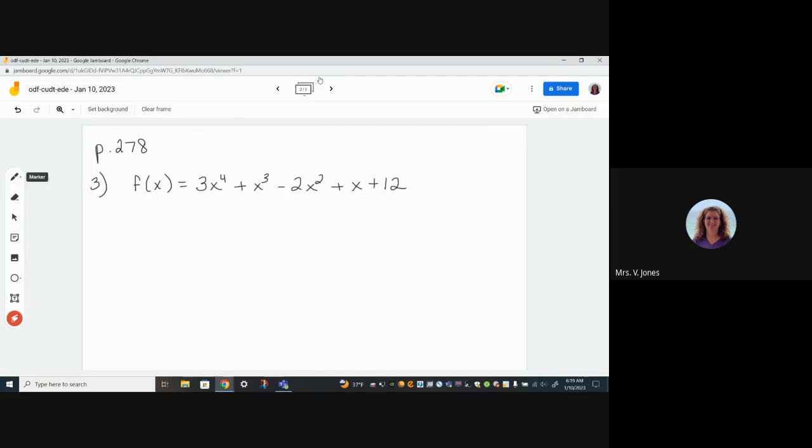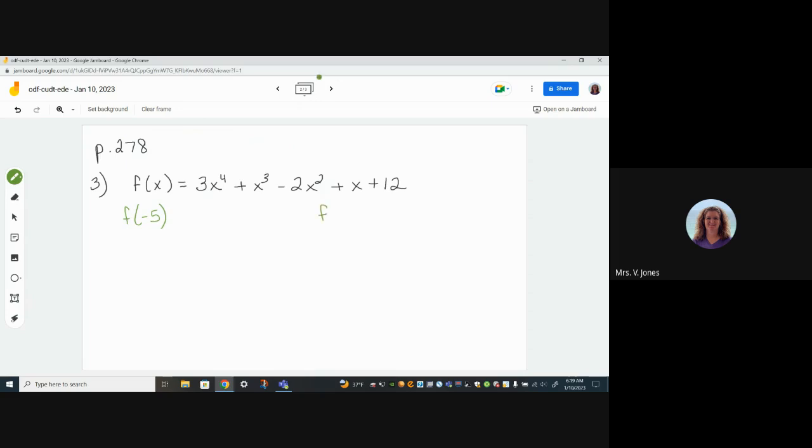All right, so on page 278, and this video was made for the Reveal Algebra 2, and this is 2023. So number 3. On number 3, it tells us to find f of -5, and it tells us to find f of 2.